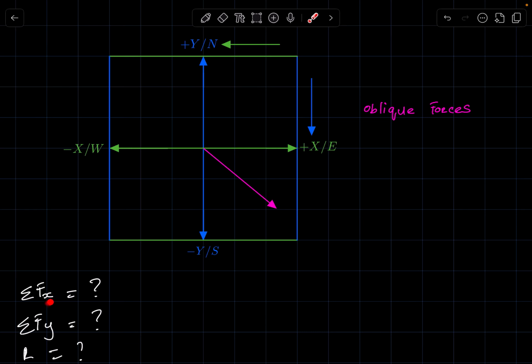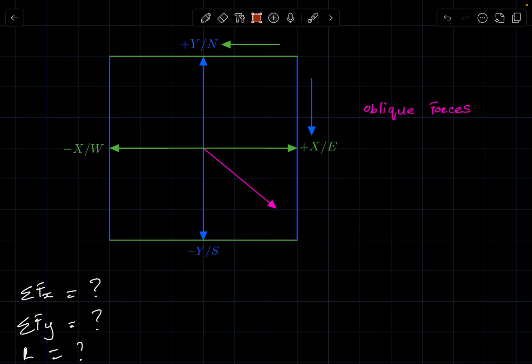Hence the term sum of forces in the x direction. And then for the sum of forces in the y direction, you are only able to use forces that are parallel with the y-axis. Forces like this one. This force is parallel with the y-axis. This force is parallel with the x-axis.